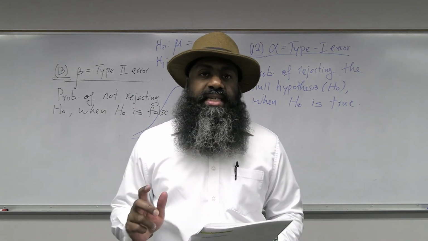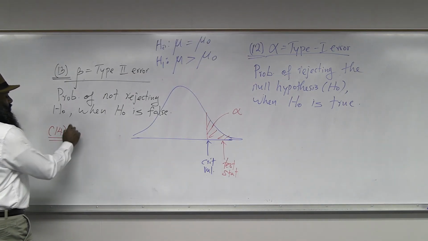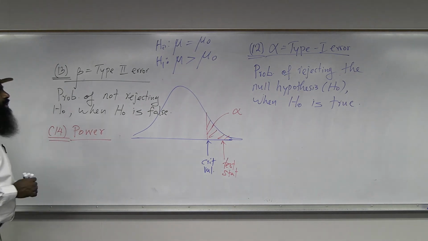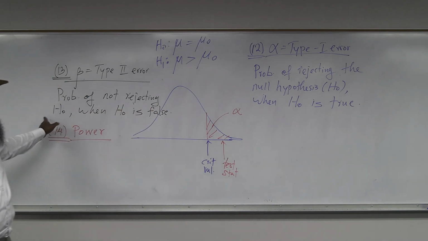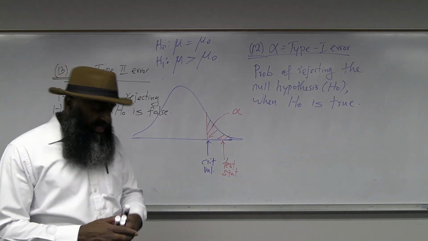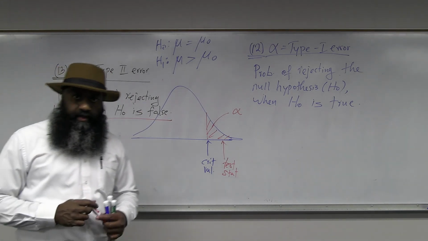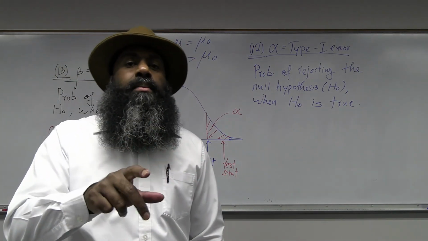Power of a statistical test. We said beta is the probability of not rejecting the null hypothesis when the null hypothesis is false. So this scenario, null hypothesis is false, stands. What if I calculate 1 minus beta?